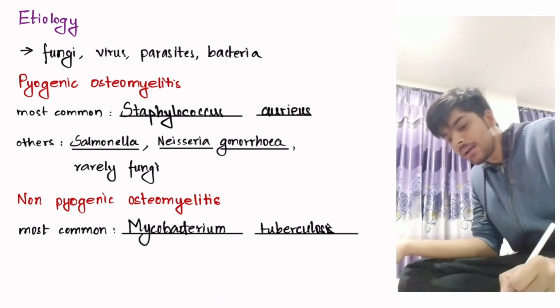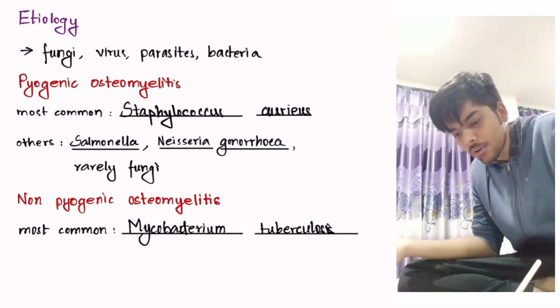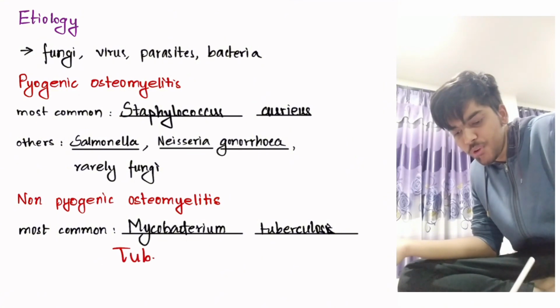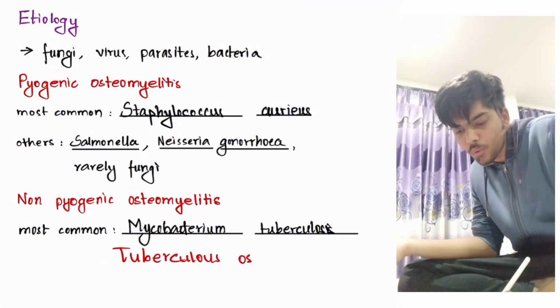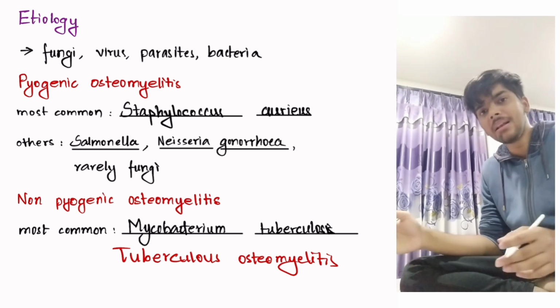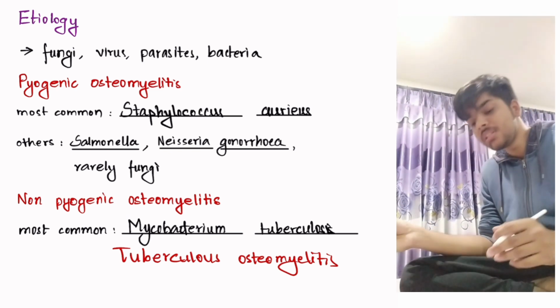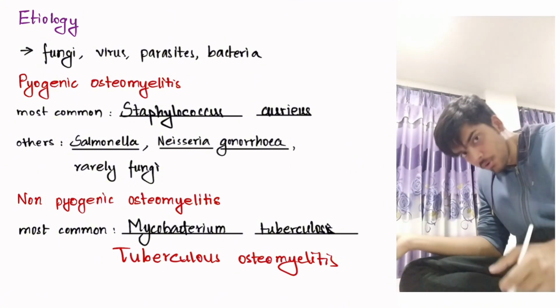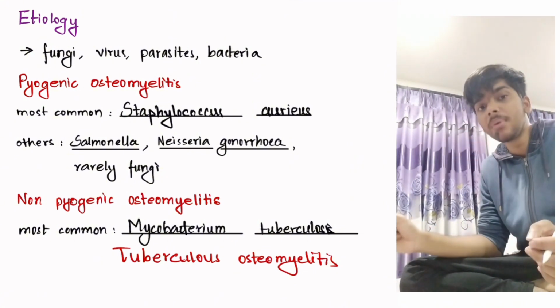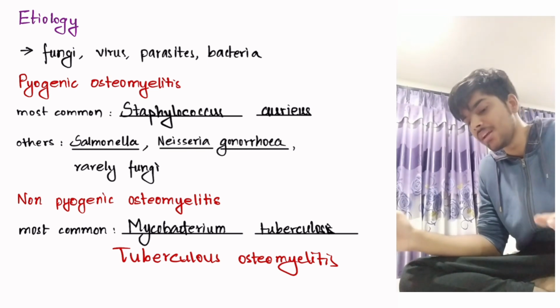The type of osteomyelitis caused by Mycobacterium tuberculosis is tuberculous osteomyelitis. So tuberculous osteomyelitis is a type of non-pyogenic osteomyelitis which is caused by Mycobacterium tuberculosis, which is the most common pathogen causing non-pyogenic osteomyelitis.